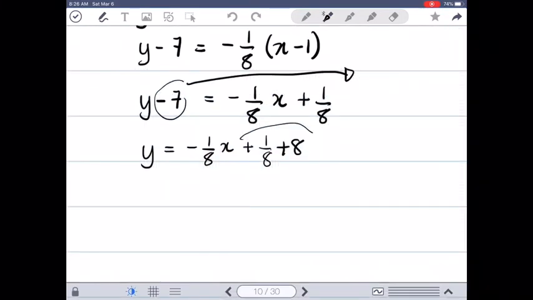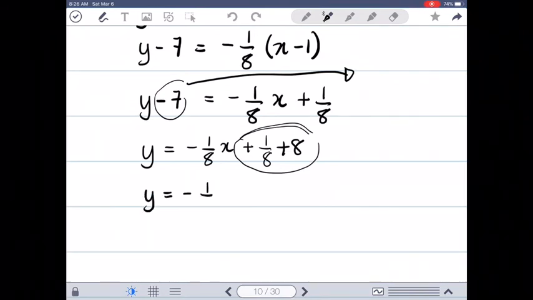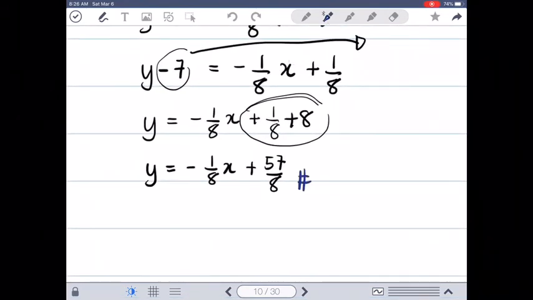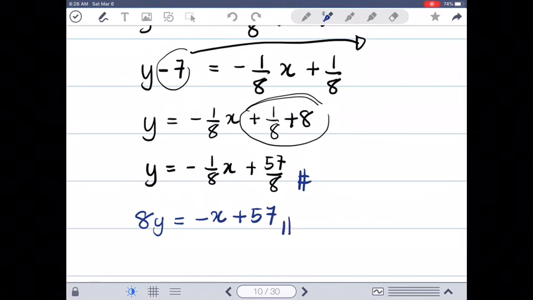So this one here you will get y equals negative 1 over 8x plus 57 over 8. Alternatively, you can also rewrite this equation by multiplying everything with 8. You should get 8y equals negative x plus 57.